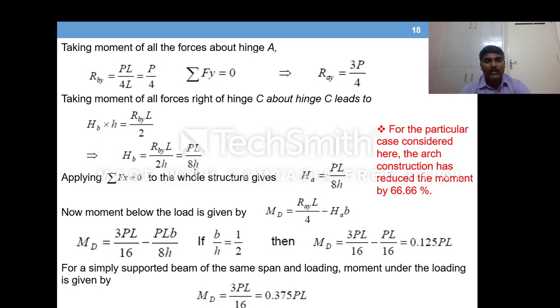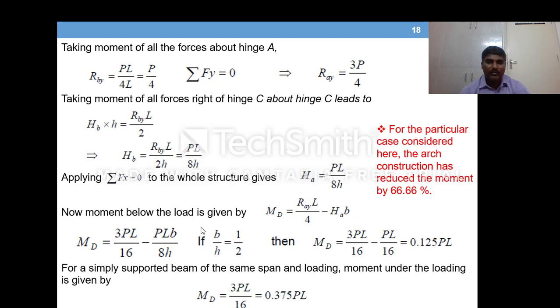So that will come to PL by 8h. So this is the horizontal reaction at B. Then applying sigma Fx is 0, that gives you HA is equal to HB. That means the horizontal reaction is the same at A and B, so that is PL by 8h.